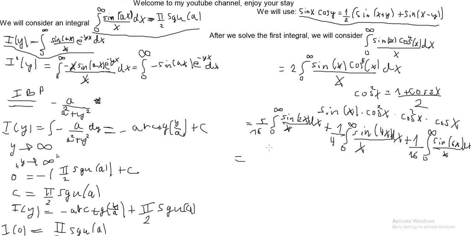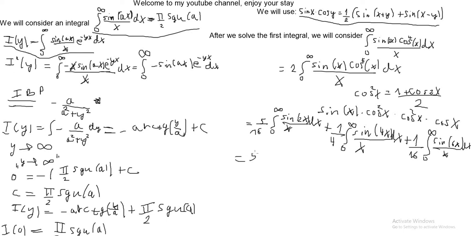Okay, so you just need to plug in the values, and we know the values of all of these integrals from this formula. A is positive here. It doesn't matter which number it is. It doesn't depend on a, it's just the sign of a.